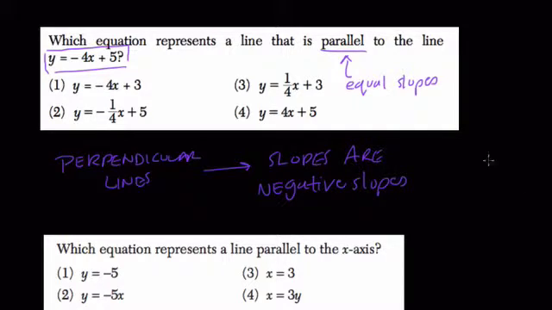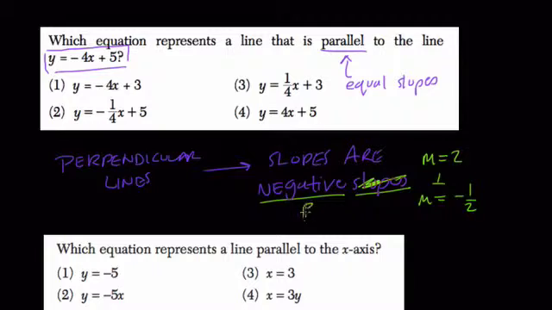So for example, if one slope is 2, it's perpendicular to a slope of negative 1/2. You can think of almost flipping the number. Because if you multiply 2 and negative 1/2, you do get negative 1. So if you multiply your slopes and you get negative 1, then they are perpendicular. If the slopes are equal, they're parallel.